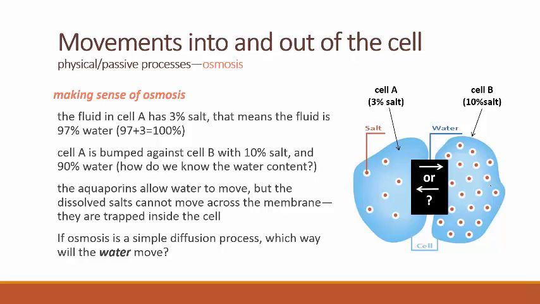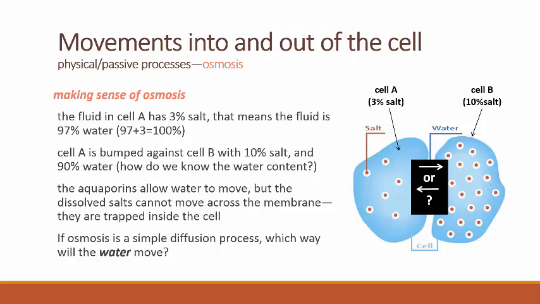So let's say we have two cells. Cell A has 3% salt in it. Cell B has 10% salt solution in it. Which way is the water going to move? The thing you have to figure out first is not the concentration of salt, but, from the concentration of salt in the cells, what is the concentration of the water?